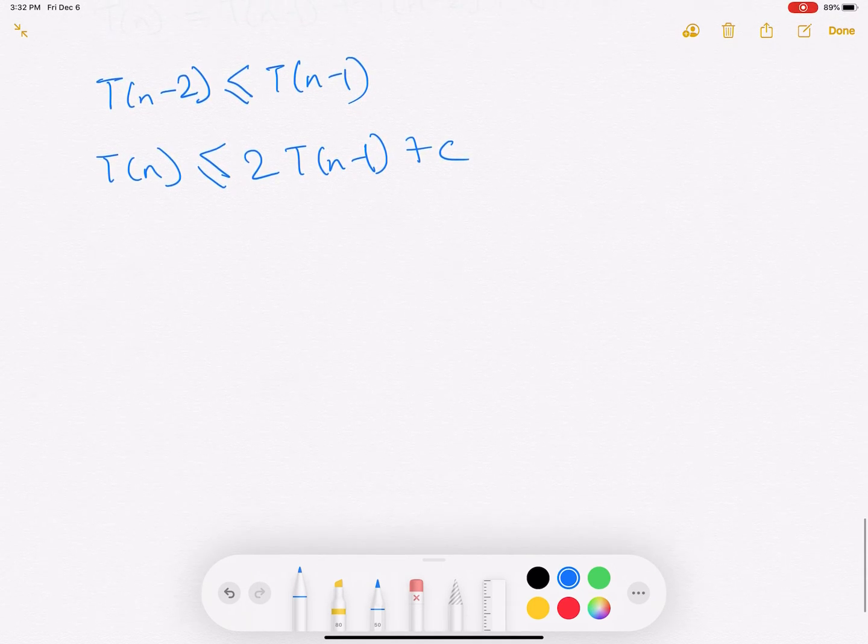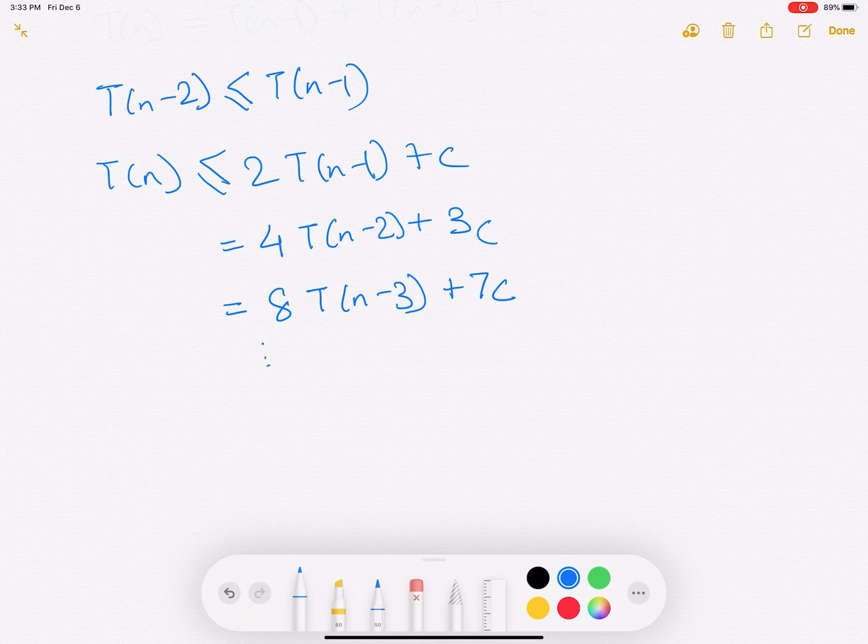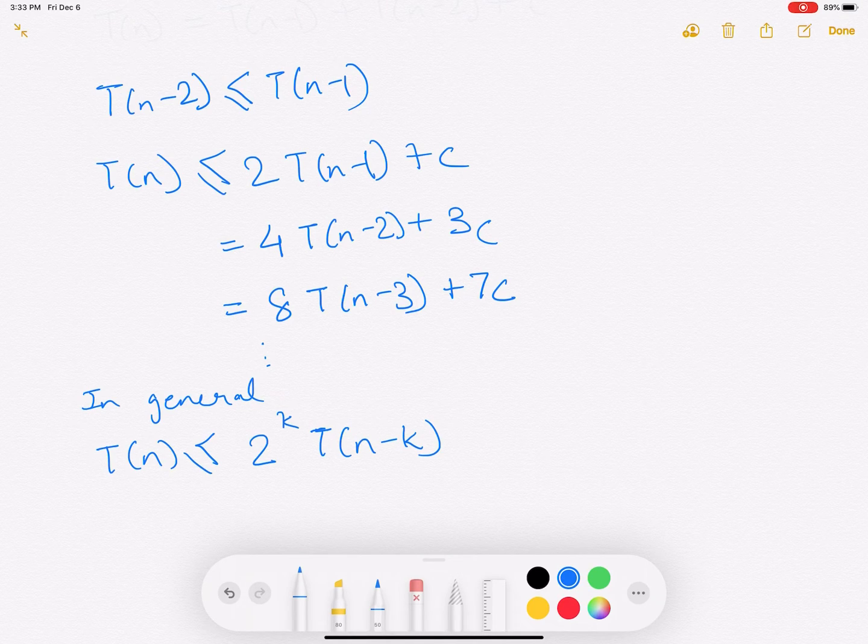Now continuing the substitution, we can say that is 4 Tn minus 2 plus 3c, or 8 Tn minus 3 plus 7c. So in general, we will get Tn less than or equal to 2 to the k Tn minus k plus 2 to the k minus 1 times c.